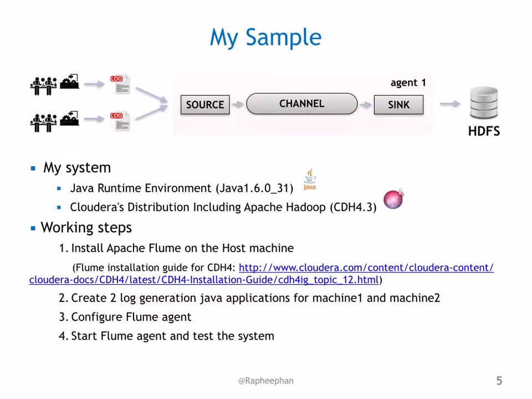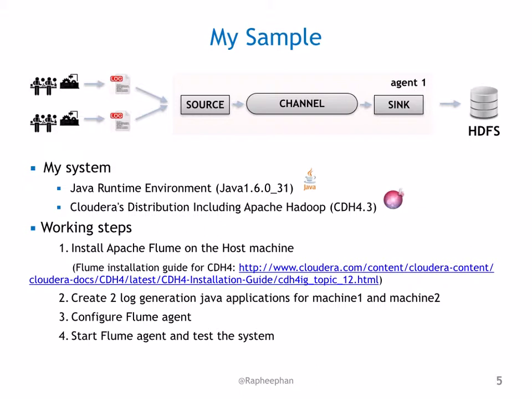Here is my example. I will create two virtual machines and make them behave like machines sending log data to the Flume agent. And I will have another host server for running the Flume master. On my host server, I have CDH 4.3 with Java 6 installed. You can find the Flume installation guide from this URL also, and I will assume that we have finished the installation process already.